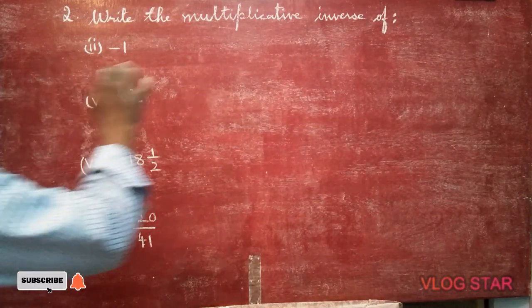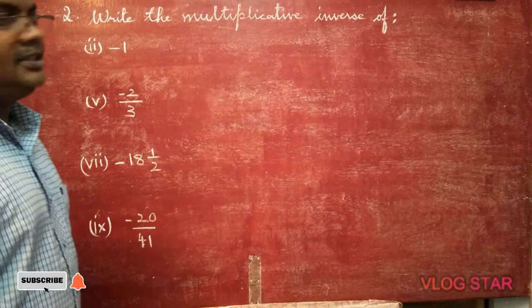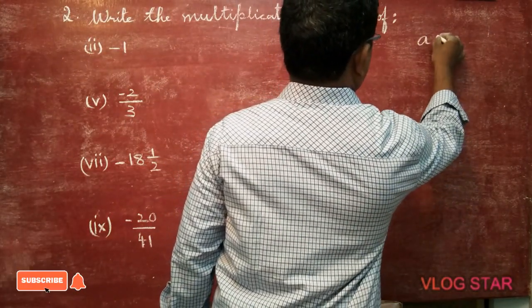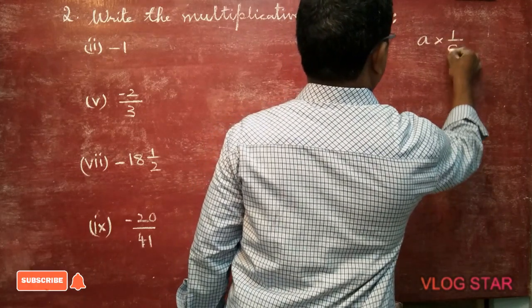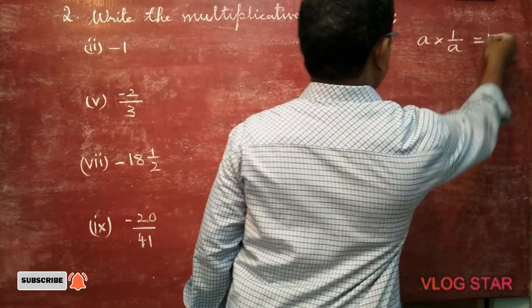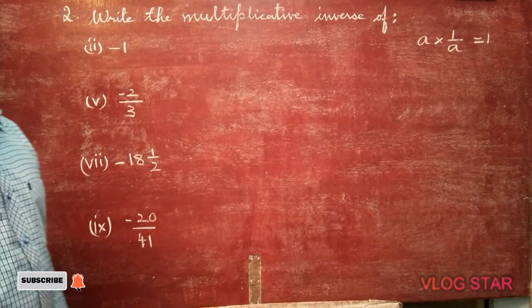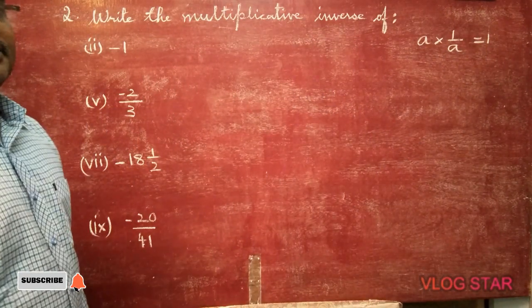Write the multiplicative inverse of. We have learned the property: A into 1 by A is equal to 1. A gets cancelled, we will get 1. 1 is the multiplicative inverse.